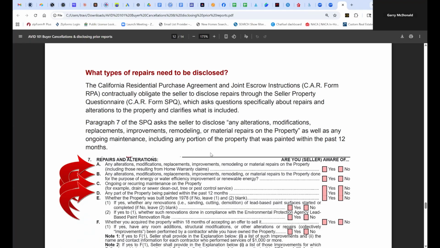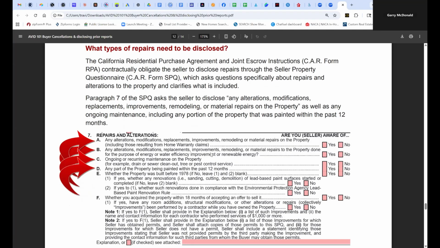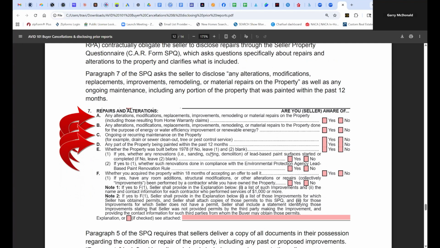Paragraph 7 of the SPQ asks the seller to disclose any alterations, modifications, replacements, improvements, remodeling, or material repairs on the property, as well as any ongoing maintenance, including any portion of the property that's paid within the past 12 months. So this is really broad. I mean, they're covering kind of everything here, meaning if you know anything about the property, you need to be checking yes on this report right here.